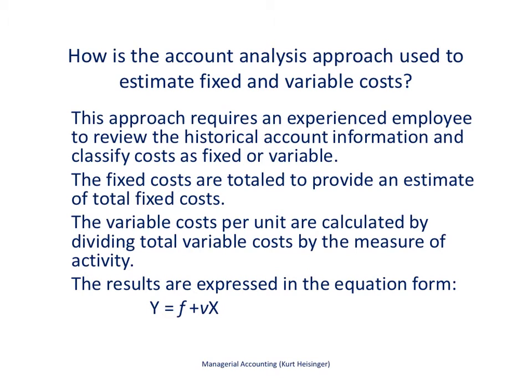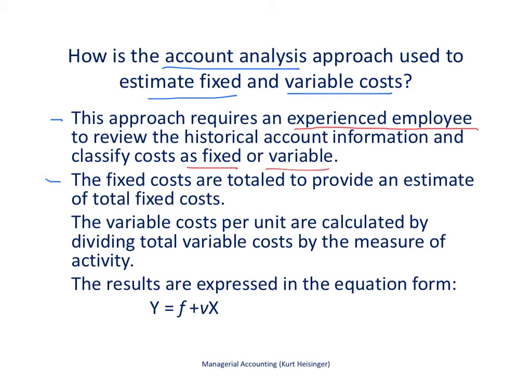How do we use account analysis then to determine or estimate our total fixed costs and our variable cost per unit? Well, this approach requires that we have at least one experienced employee, if not several, to review historical account information and to take that information and classify those costs as either fixed or variable.